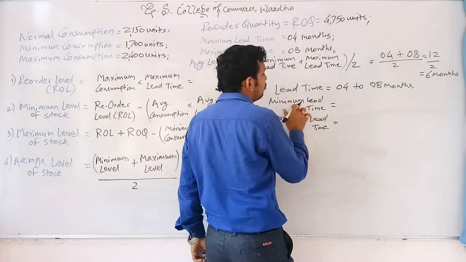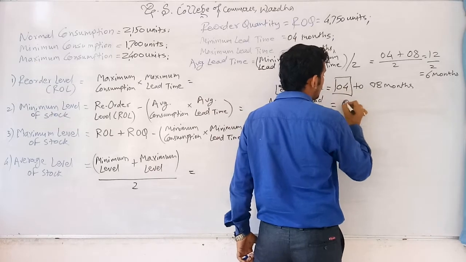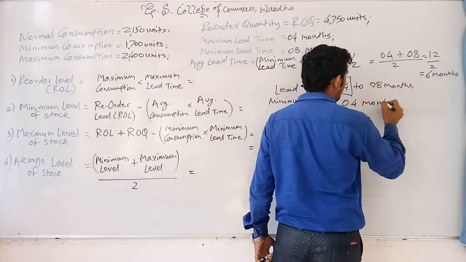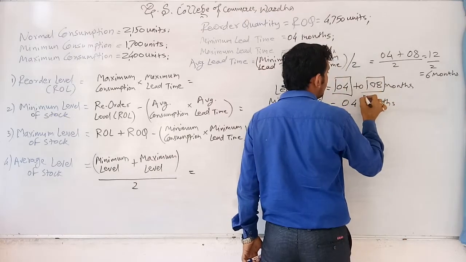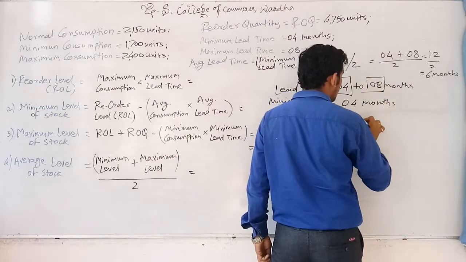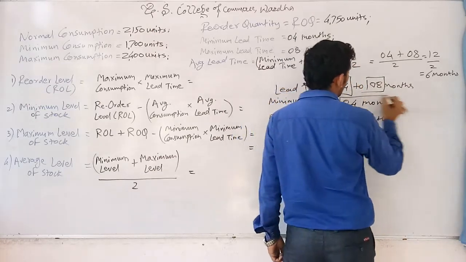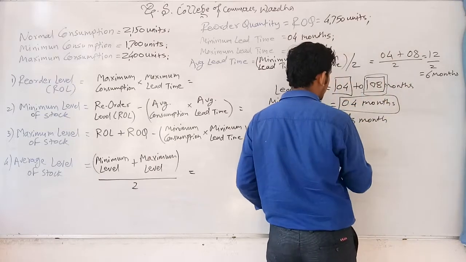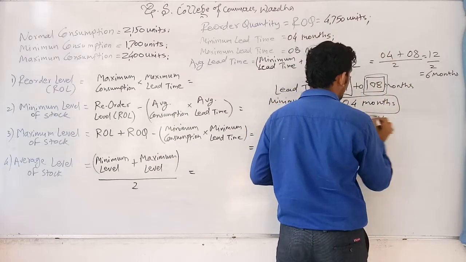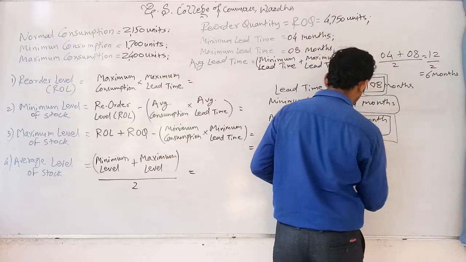So the smaller value, 4 months, would be our minimum lead time, whereas the 8 months would be our maximum lead time, because 8 months is the bigger period.